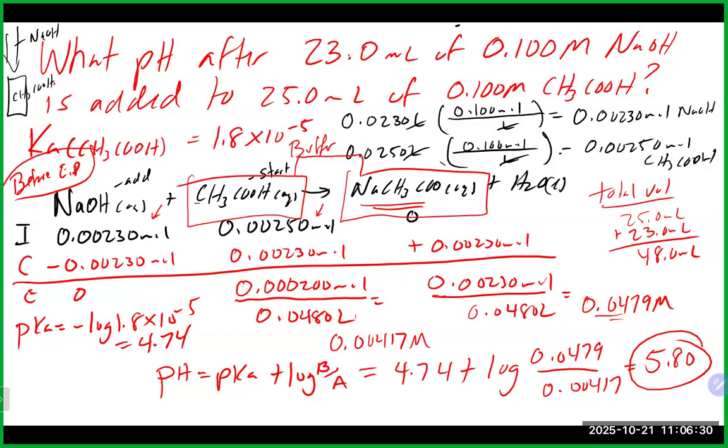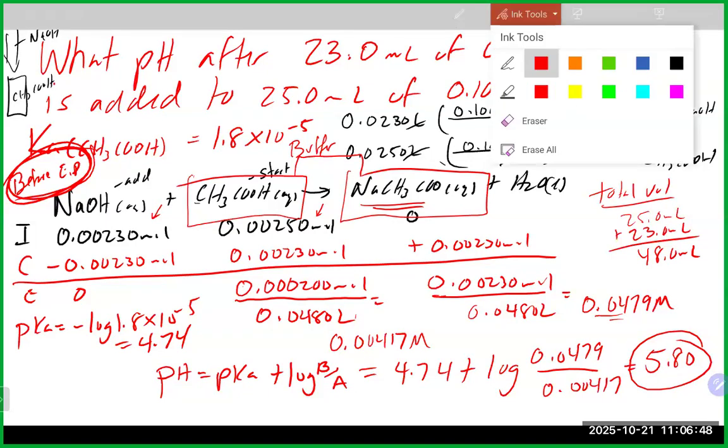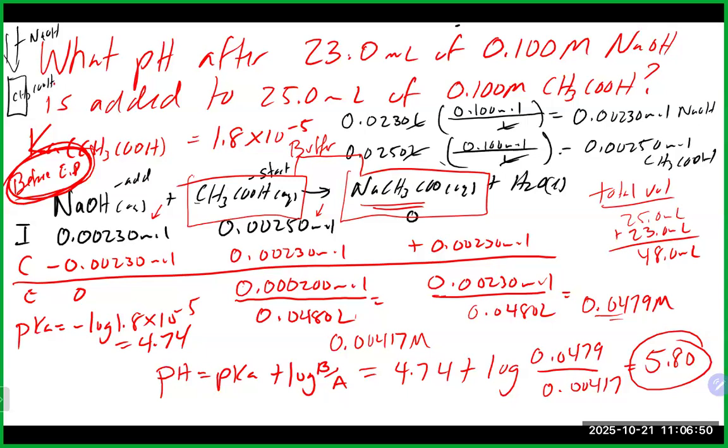First off, in this type of titration of a weak acid and a strong base, you will always have a buffer made before the equivalence point. So just knowing you're before the equivalence point, you should know that you end up in a buffer situation. Secondly, if you weren't sure of that, when you're done with your ICE table, you take a look and you basically have this one left over and this one left over, and that is acetic acid and sodium acetate.